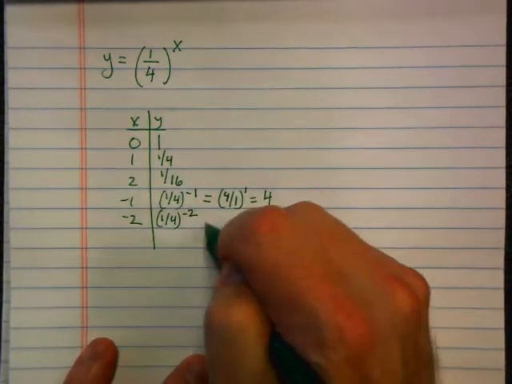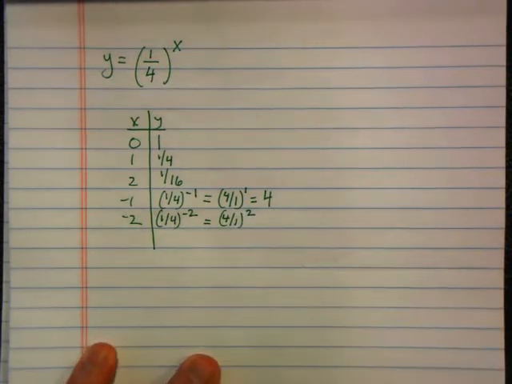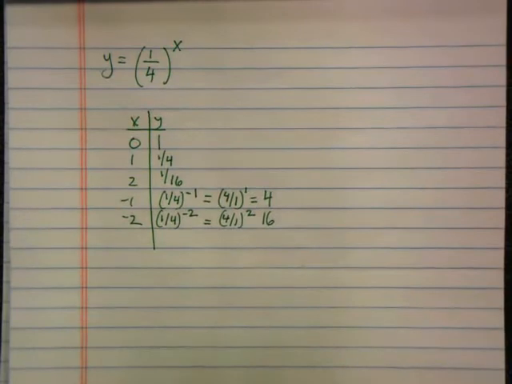The negative flips it. So that's going to be 4/1 squared. Negative exponents take things that are on bottom and put them on top, and they take things that are on top and put them on bottom. So in other words, if you have a fraction and a negative exponent, the negative exponent is just going to move the top and move the bottom. That's 16.